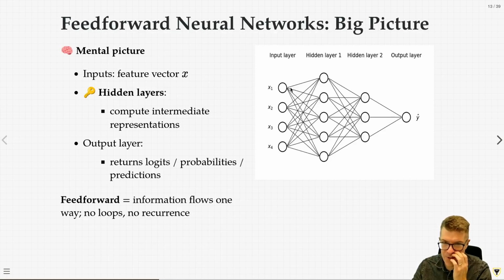I could have drawn this here, but if you look at this graph for a moment, and consider the adjacency matrix between the small bipartite graph formed by the input layer and the hidden layer 1, you can see that there's a connection between x1 and each of the hidden units in hidden layer 1. There is a connection between x2 and each of the hidden units in hidden layer 1, and so on.